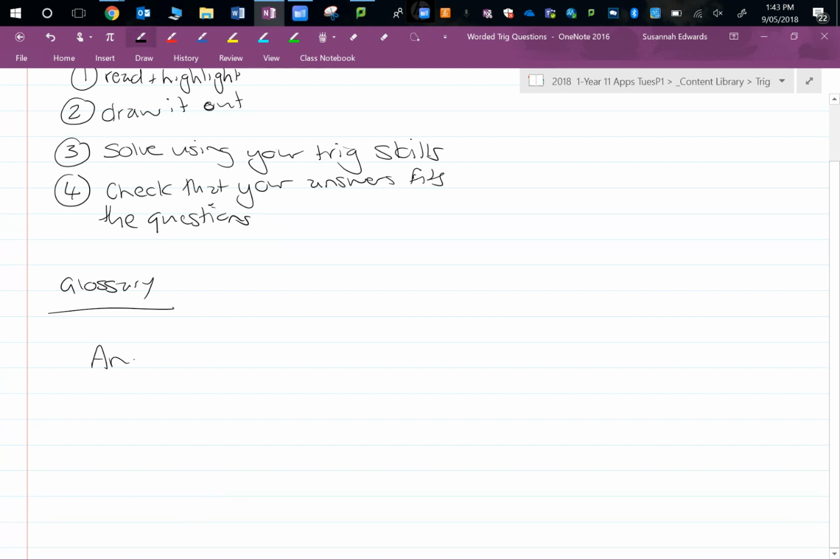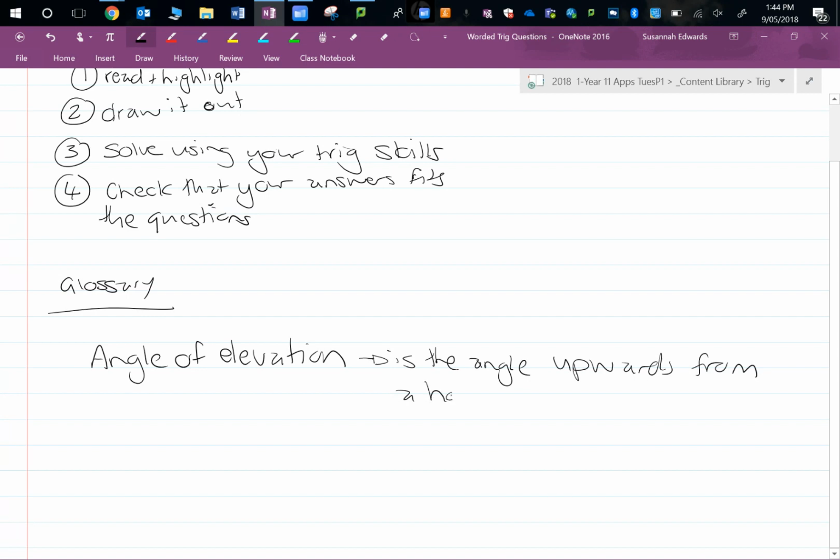So angle of elevation and angle of depression. The angle of elevation is the angle upwards from a horizontal line.